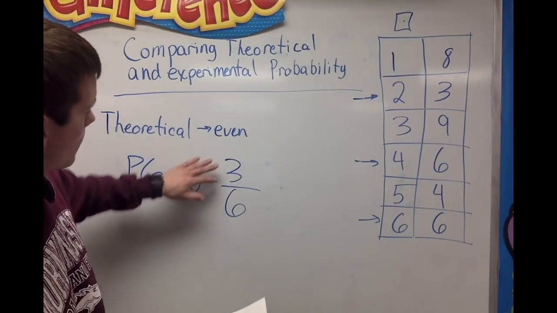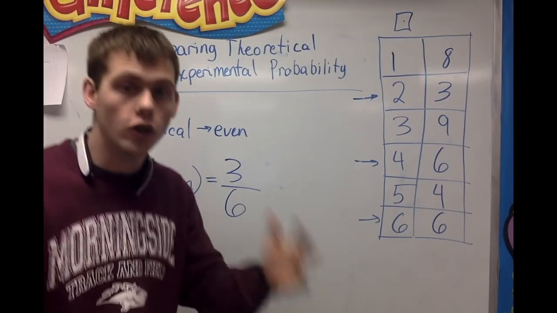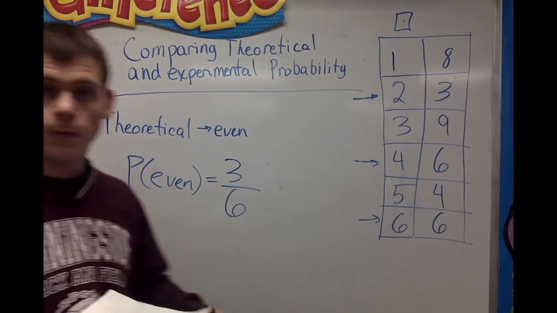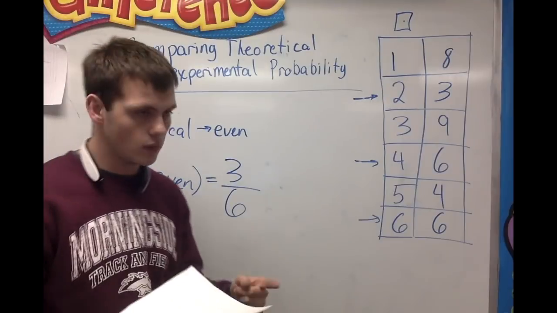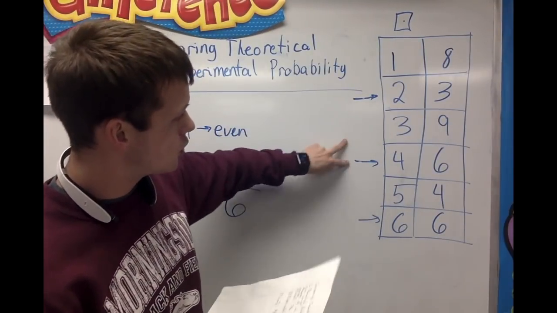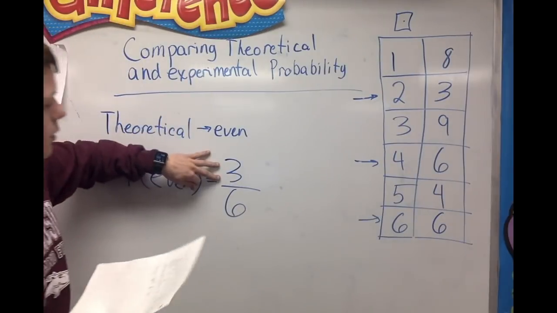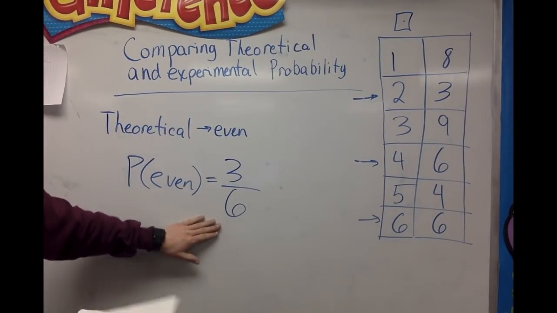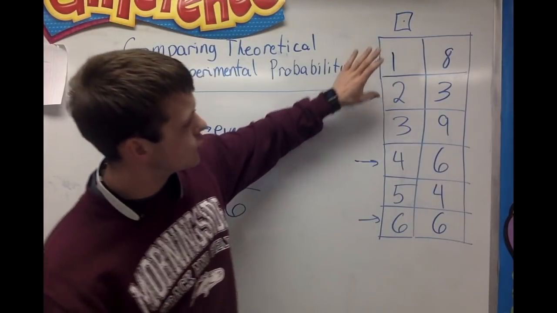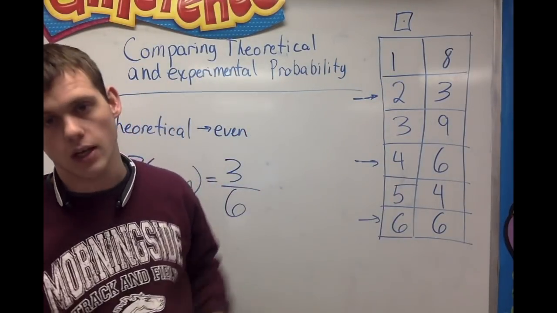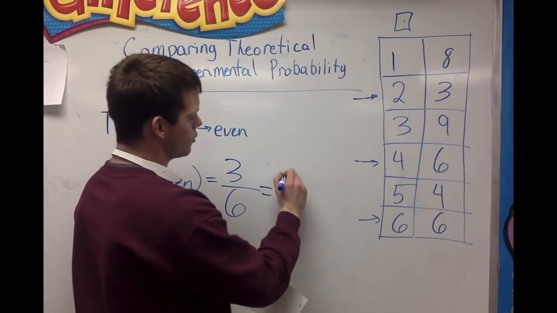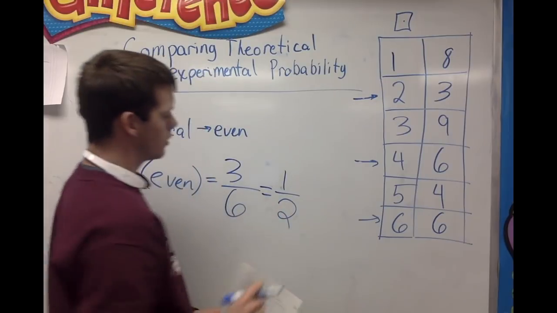So once again, the favorable outcome, what we want to happen, is even numbers. We count off how many evens we have: 1, 2, 3. So we put a 3 on top. The bottom number is how many options we have: 1, 2, 3, 4, 5, 6 options. So we put a 6 on the bottom. We then reduce that to 1/2.